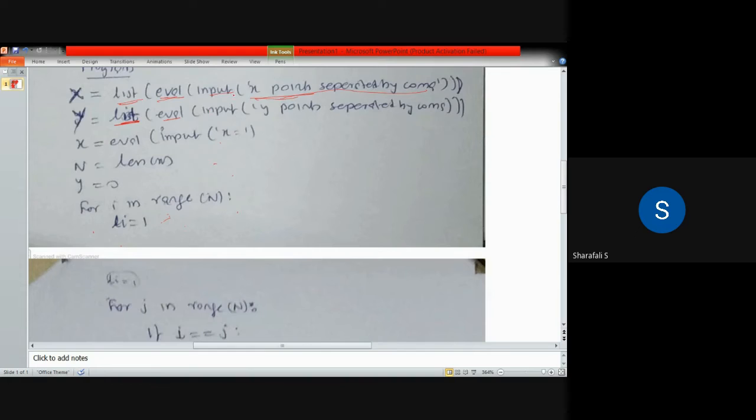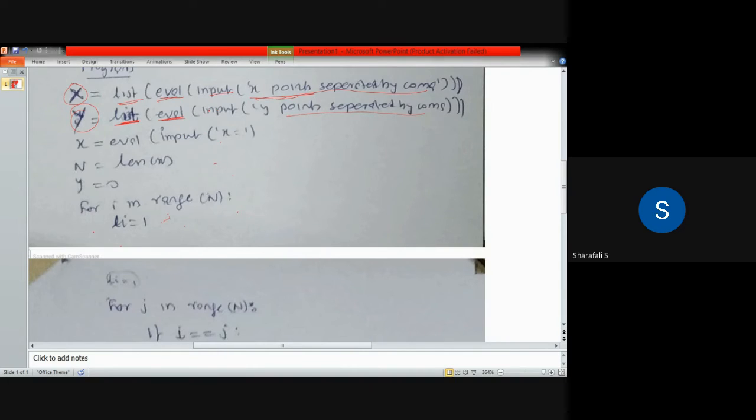Then it will automatically give you whatever you have given in these x points separated by comma. If it is integer, it will directly give integer for this x list. Similarly, for the y list also, it will give the same integer or float, whatever we have given. So for that we are using this eval function.